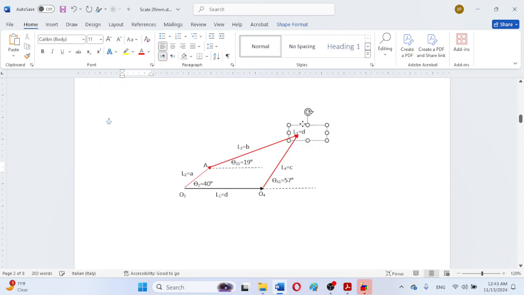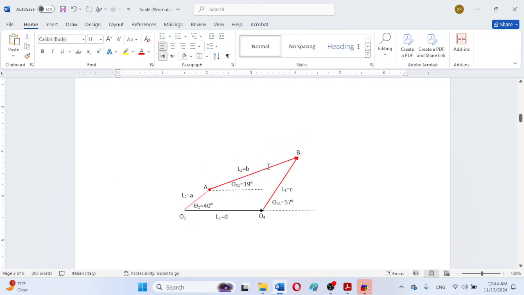This is point B. So any label can be copy-pasted here and just changed like this, then moved to a suitable location. In this way, complete labeling according to the book has been made.